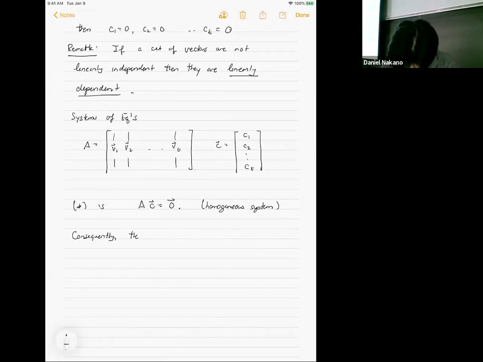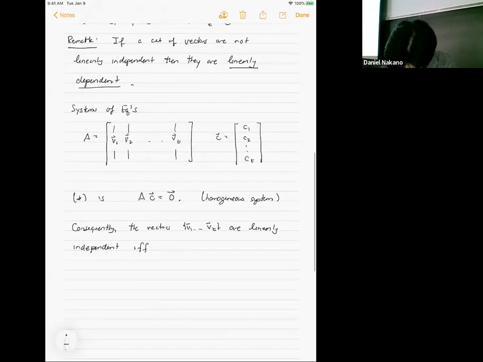So consequently, the vectors V1 up to Vt are linearly independent if and only if the only solution to AC equals 0 is the solution C equals 0.